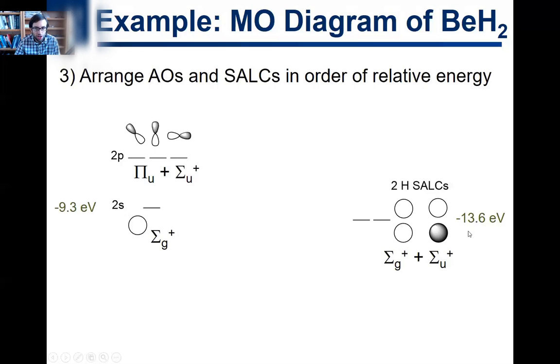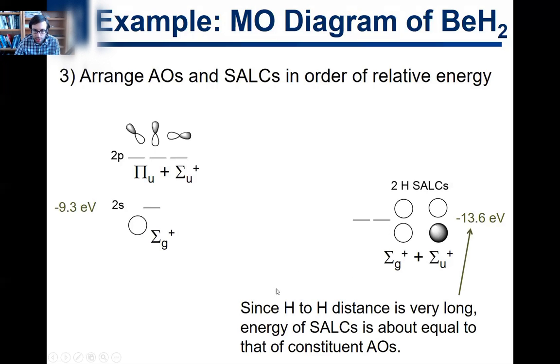It doesn't matter. They're all going to be the same. They're degenerate at 13.6 because those lobes are far apart, right? They're not interacting with one another. So that's what this says: since the H to H distance is very long, the energy of the SALCs is about equal to that of the constituent AOs. So you can use just the ionization energies from that table I showed you.